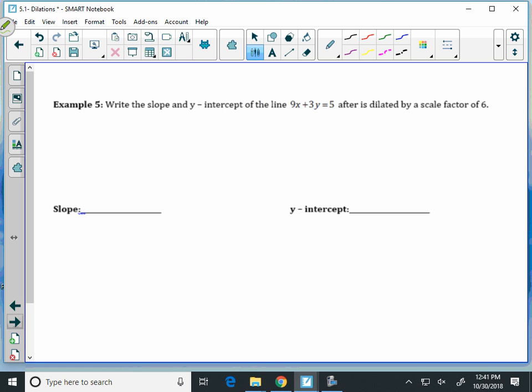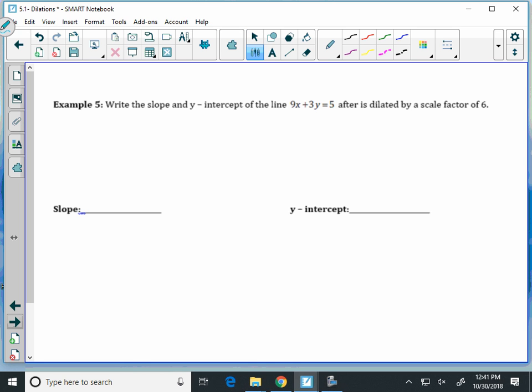Okay. If we take a look at this last one, we want to write the slope and y-intercept of the line 9x plus 3y equals 5. What's the problem here? It has x and y, right? y is not by itself. It's not in y equals mx plus b form, so we can't tell what the slope is or what the y-intercept is.